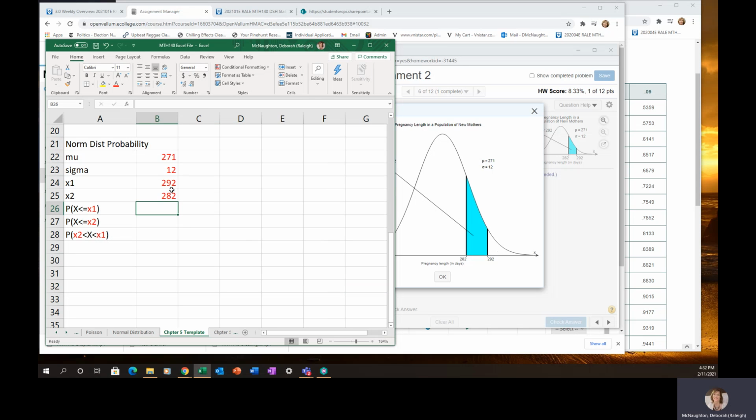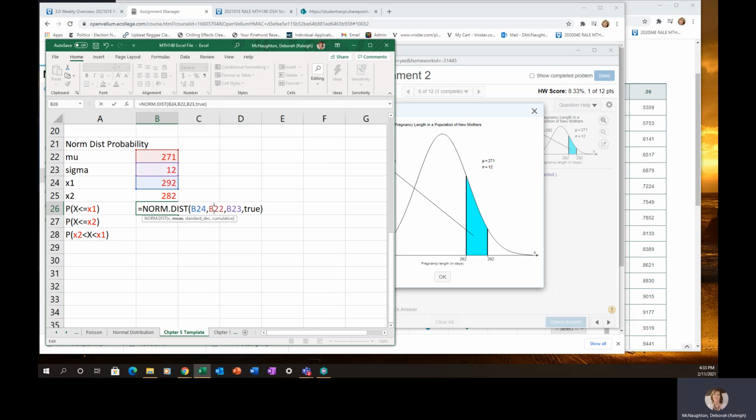First I want the probability that X is less than 292. So I'm going to type equals norm dot dist, and then it's X, comma, mu, comma, sigma, comma, true.